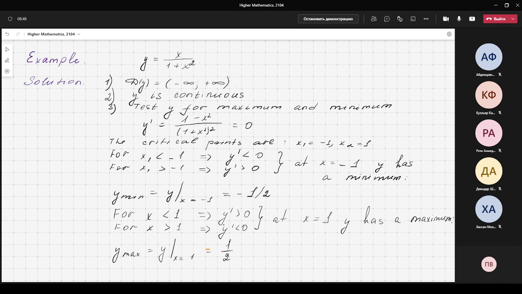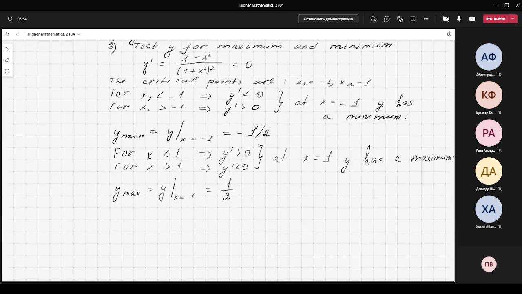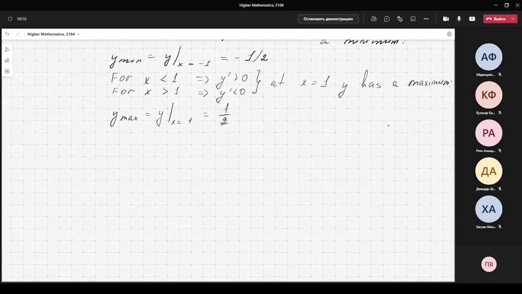The fourth. Determine the domain of increase and decrease of the function.